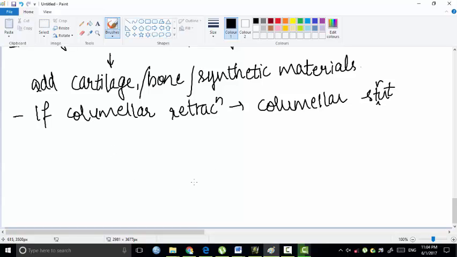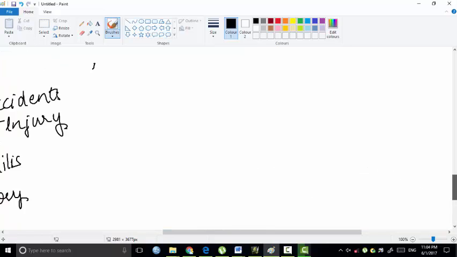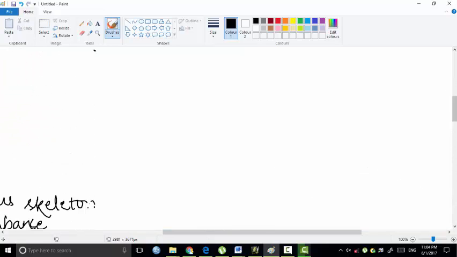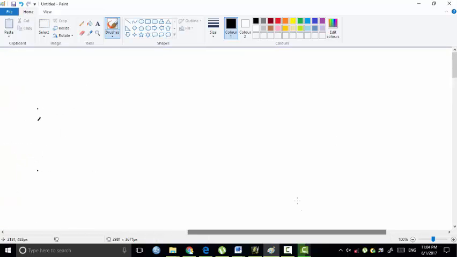Now coming to the other type of deformity seen in external nose deformities, which is seen in many of them, tip deformity.